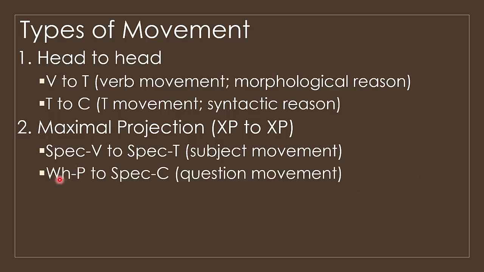And then we have a WHP, which moves to the specifier of C because of the requirement that a WHP should be placed in the beginning of a sentence or before the modal auxiliary verb or before the inverted subject. And the position before the inverted subject is the specifier of C.